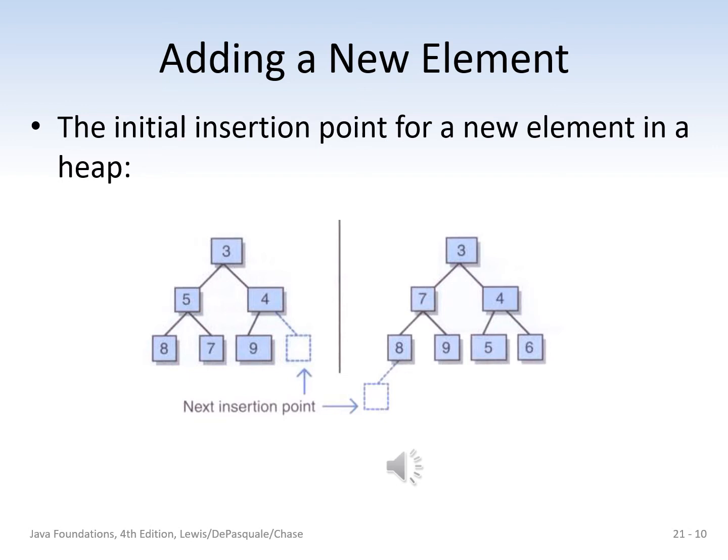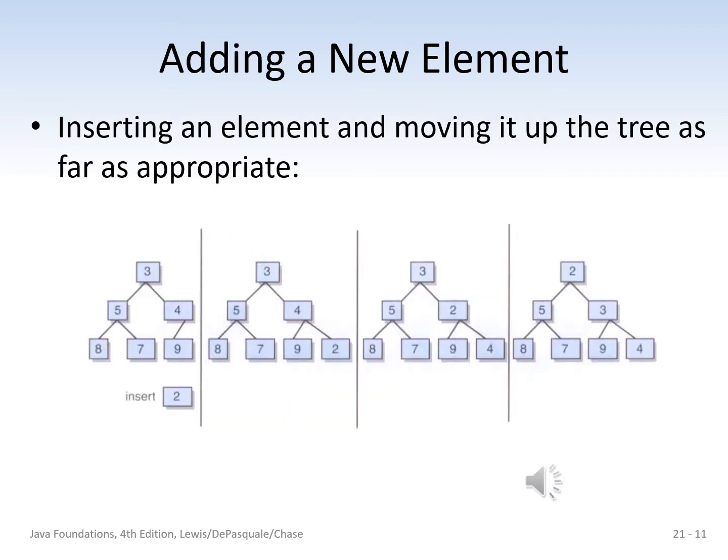And so we see the only possible insertion point for the tree on the left and the obvious insertion point for the tree on the right. Now remember, we insert the element without first caring about its value. That's part 2 of this process.